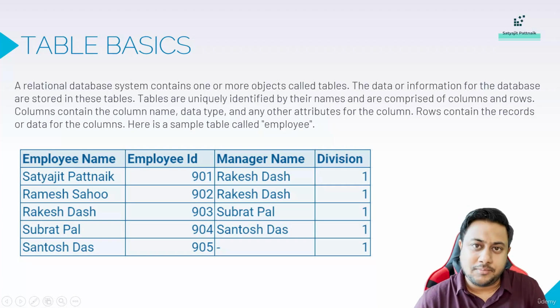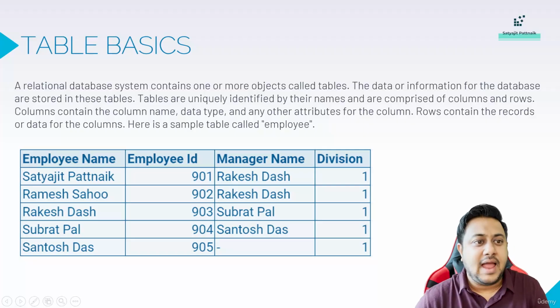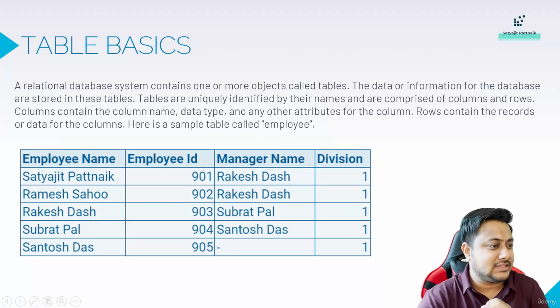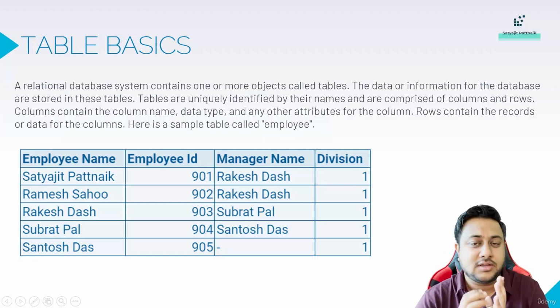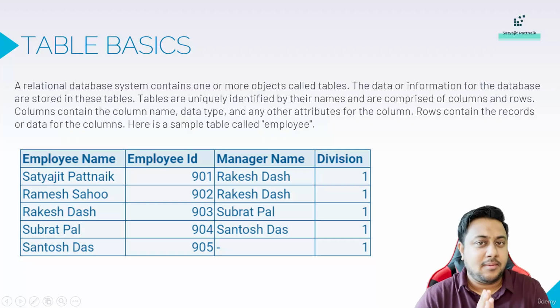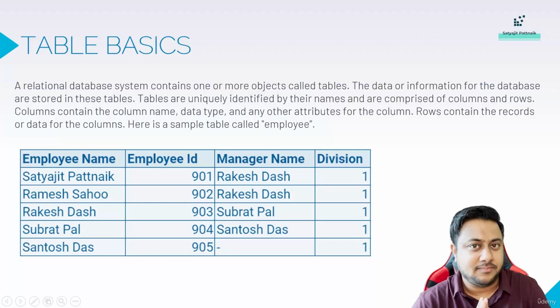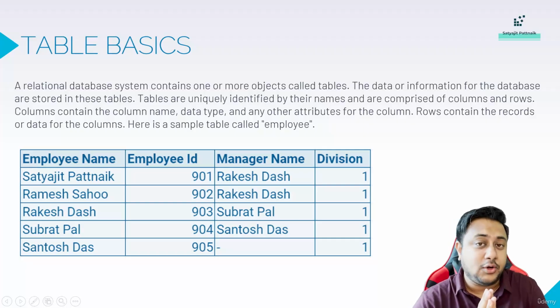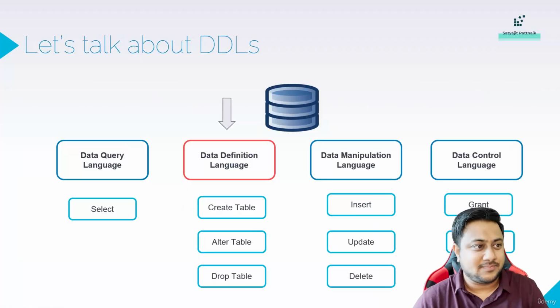Column contains the column names, the data types, and any other attribute for the column. Rows contain the records or data for the columns. Here is a sample table called employee. As you can see, my employee table has 4 columns: employee name, employee ID, manager name, and division. We will try to create this particular table. Let's get started with the DDLs.